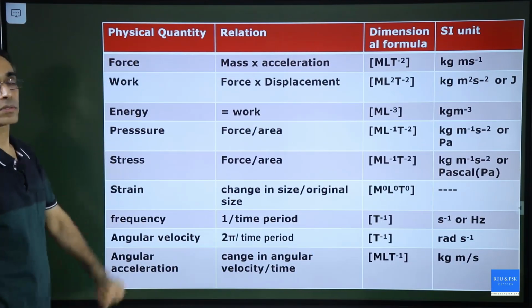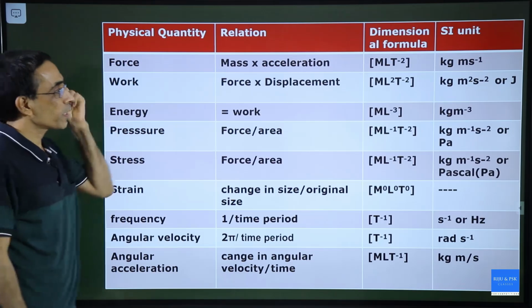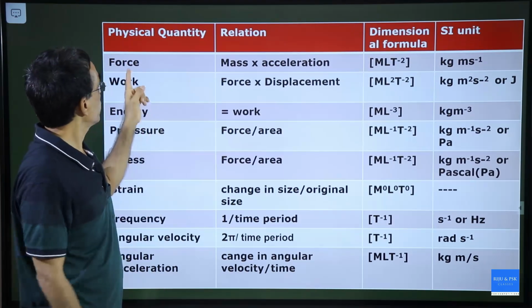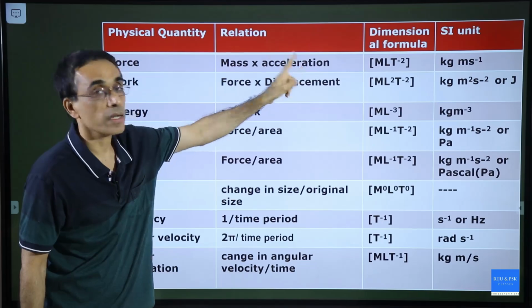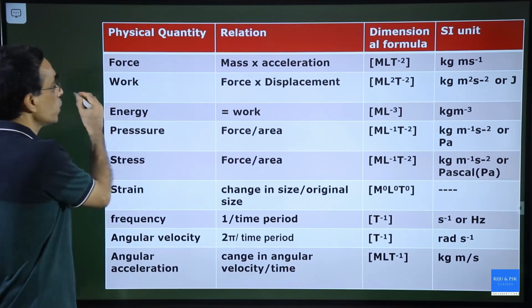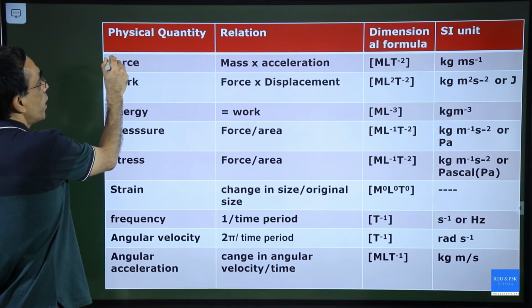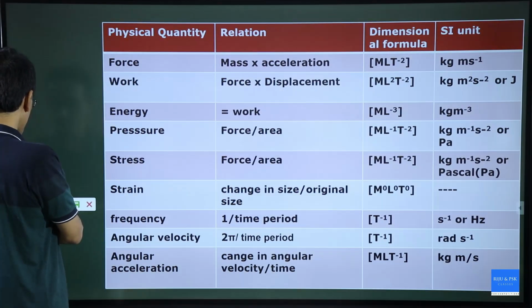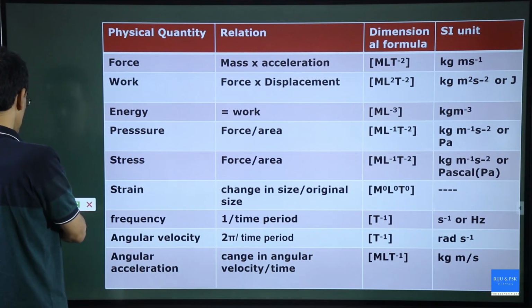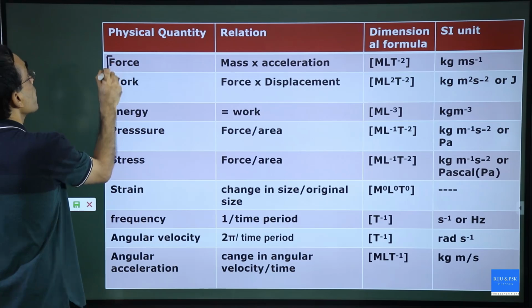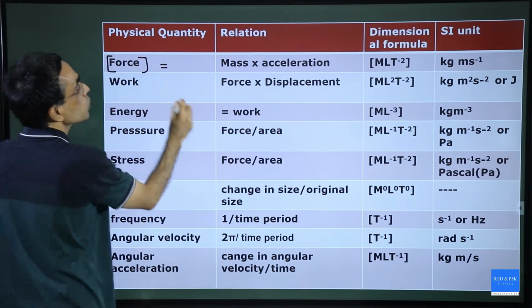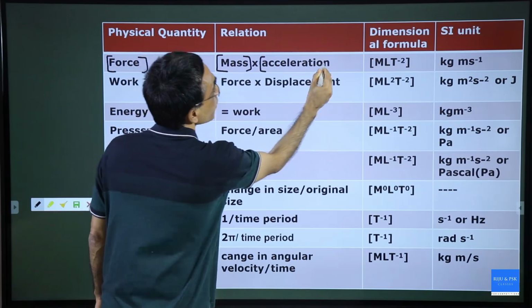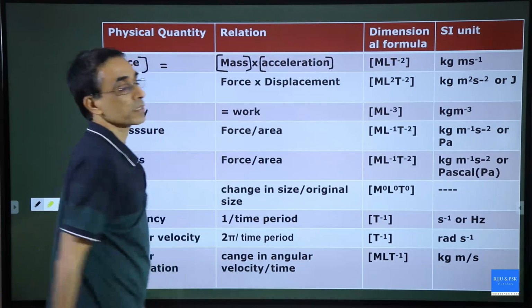How to get force? Think about a simple equation which relates force to other quantities. Force is given by mass into acceleration. So the dimensional formula of force is equal to dimensional formula of mass into dimensional formula of acceleration.